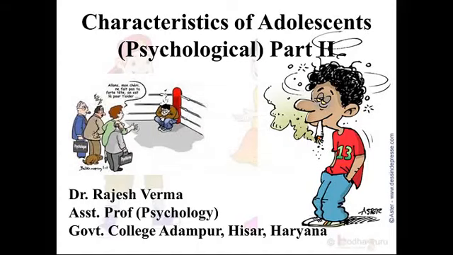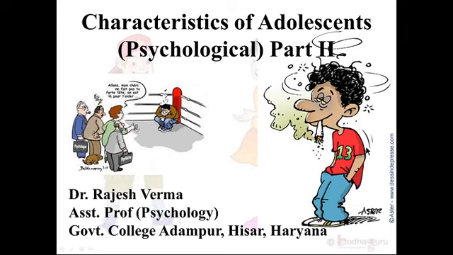Now let us start. As you can see, these are the two images in front of you. The first shows the pressure, social, family, school or college pressure, on the student. In contrast to this image, the adolescent needs to be independent and autonomous.